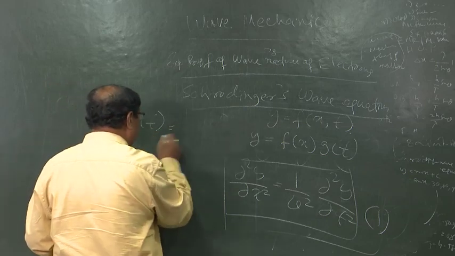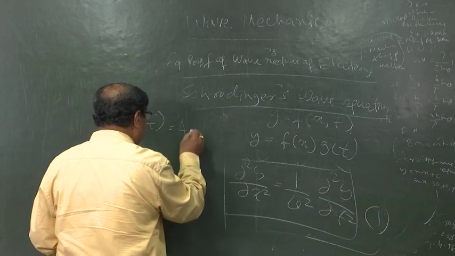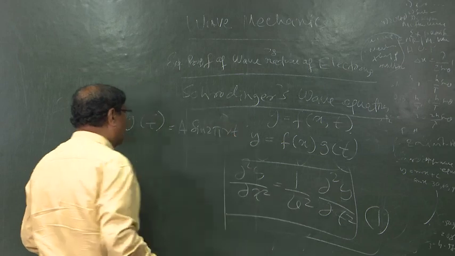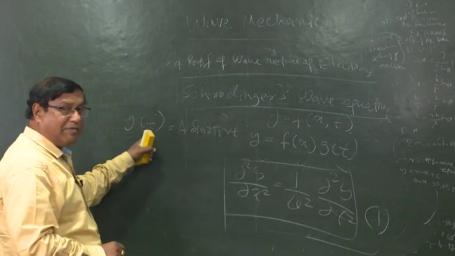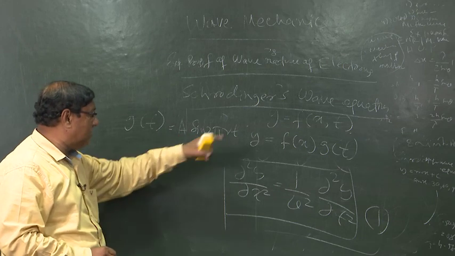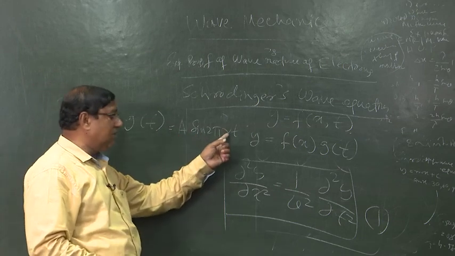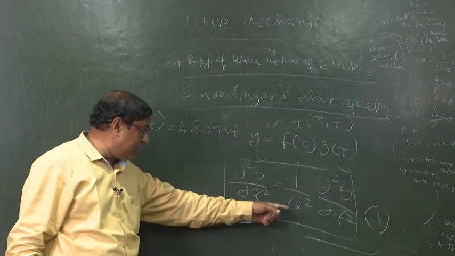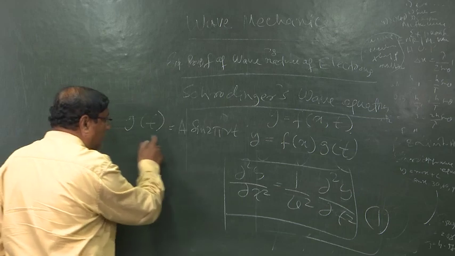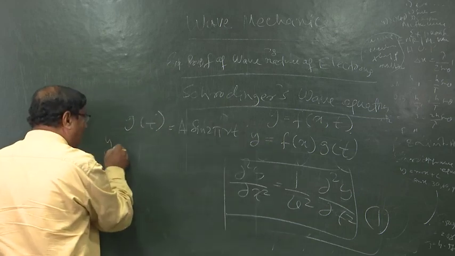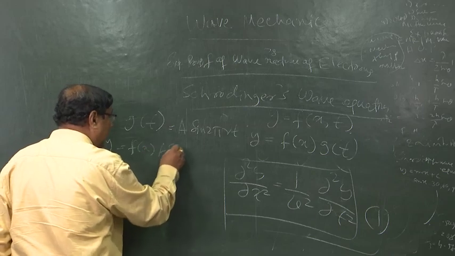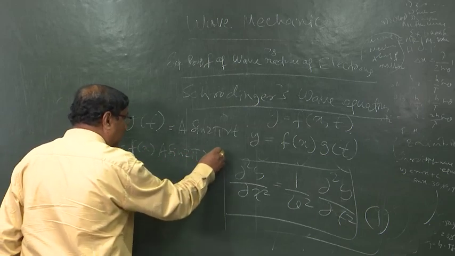So the time function is a sine function, g(t) is equal to a sin 2 pi mu t, where mu is the frequency of vibration and v is the velocity of propagation of the wave. Now you put this value in the equation. So y will be equal to f(x) a sin 2 pi mu t.